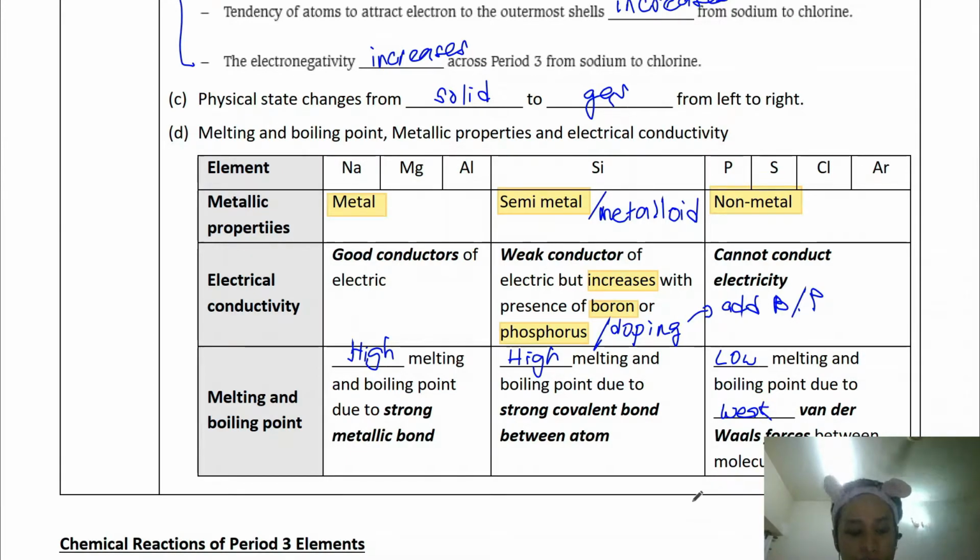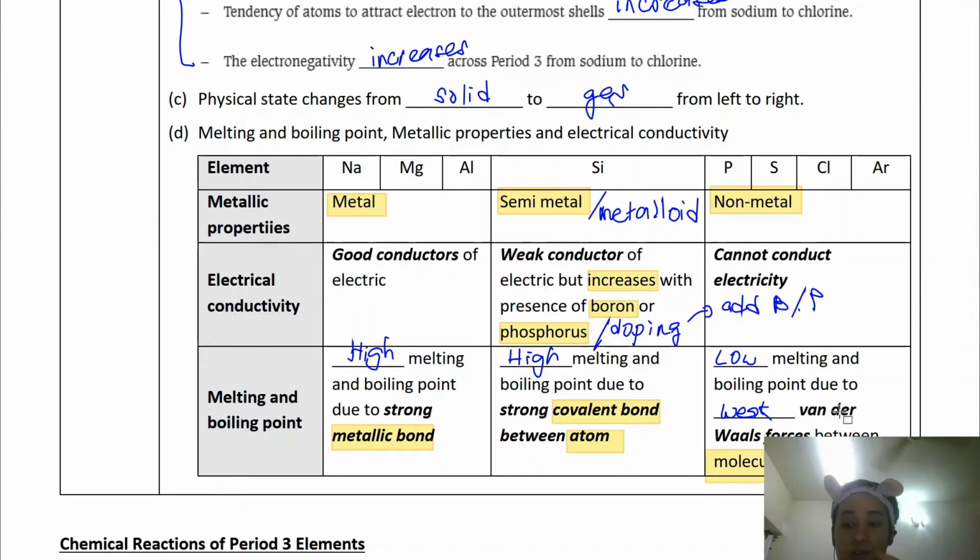All right, so if you see here, the key difference between the elements in period 3 is that when we talk about melting and boiling point, sodium to aluminium, we are referring to metallic bond. Now this one we are referring to the covalent bond between atoms. Whereas for non-metals, they do not form atoms, they form molecules.